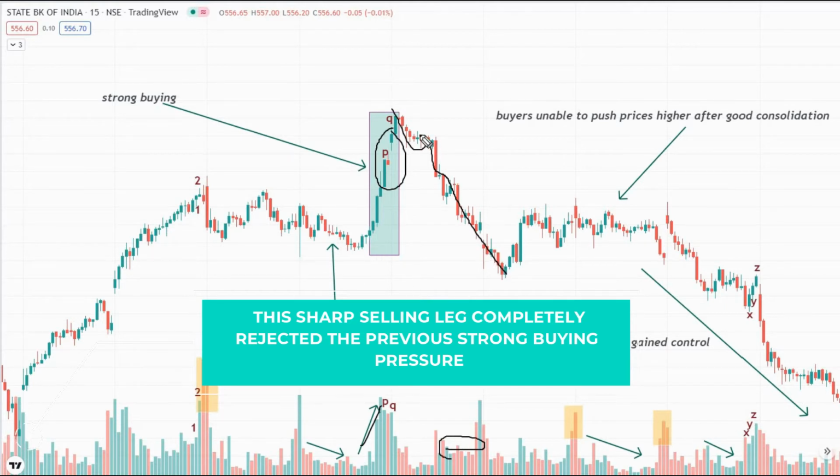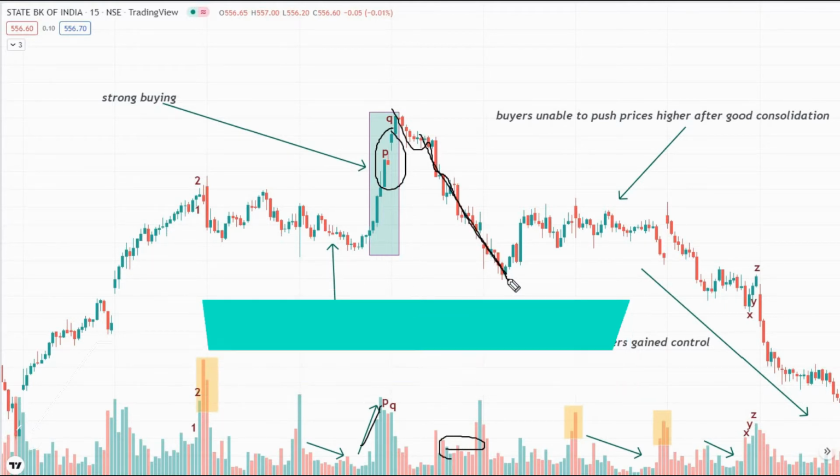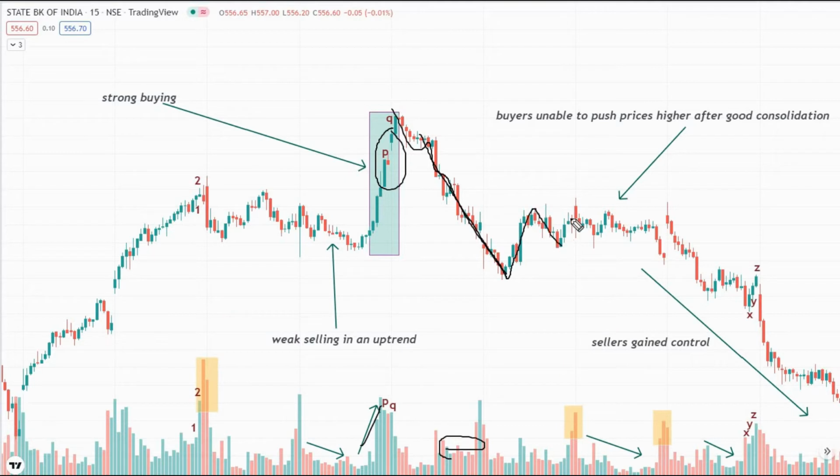Now after this strong selling pressure, again buyers tried, but they are not being able to push the prices aggressively towards the upside. What is happening here? Prices are just consolidating. And in this consolidation phase, compare the volumes.